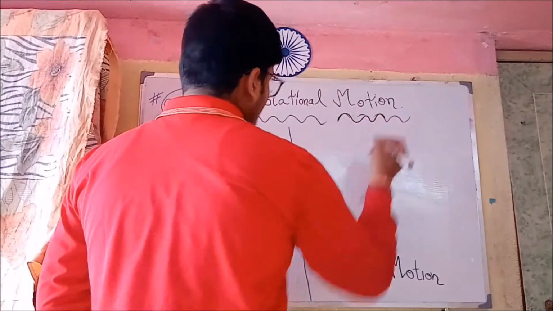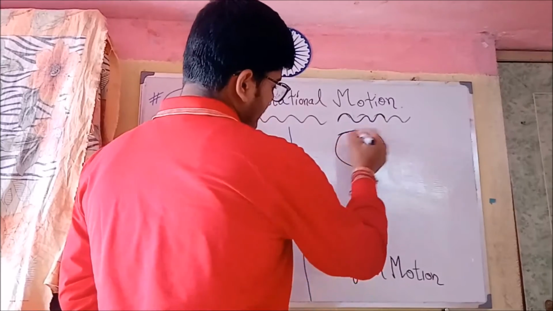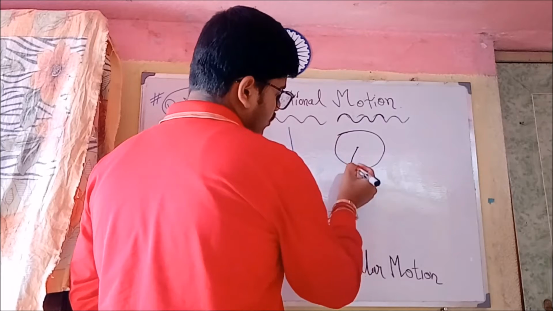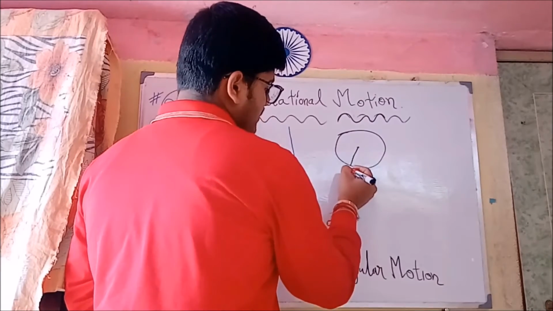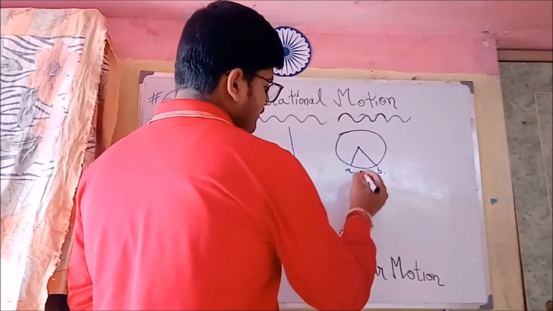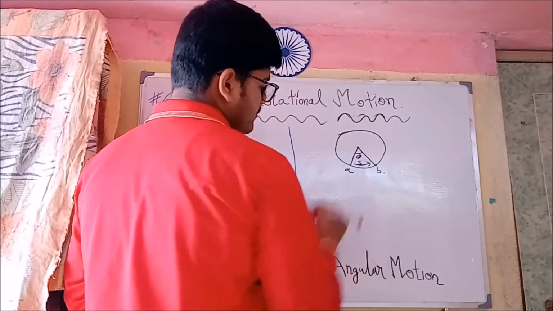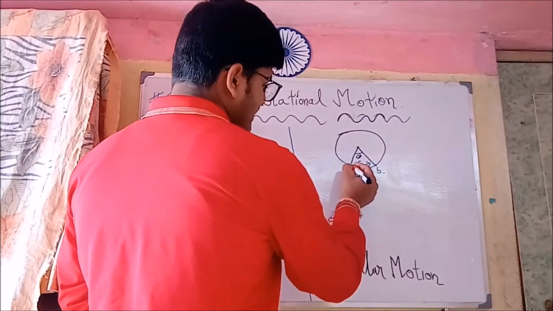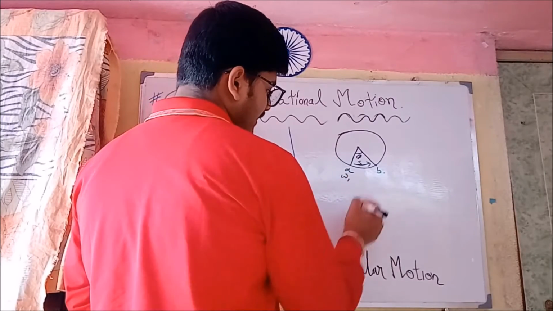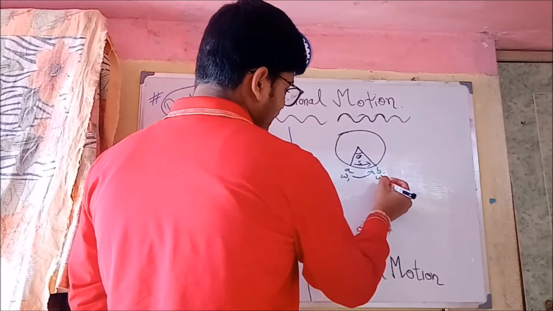Now we all know that for the angular motion of a particle, suppose this to be a disk and a particle A is covering a distance to point B with an angular displacement of theta and linear displacement of S. Suppose the initial velocity of this particle A is omega 1, and when it is at point B, the velocity is omega 2.